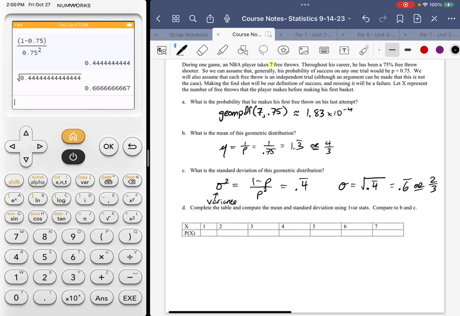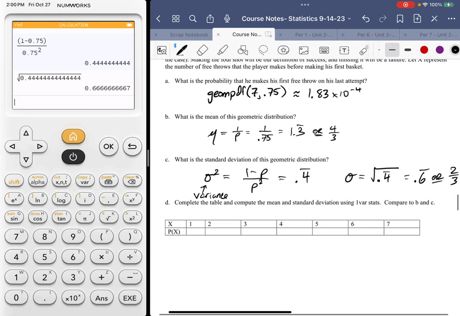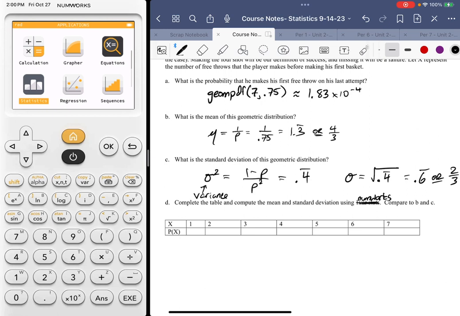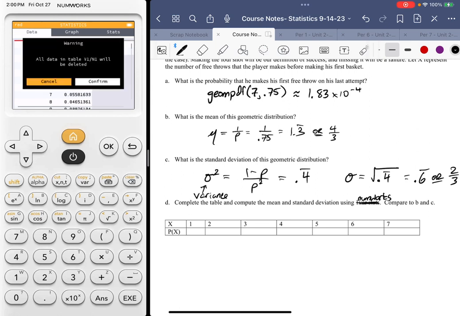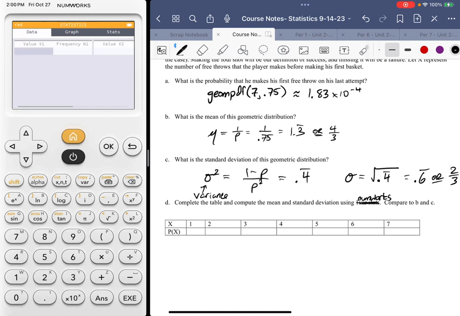And then complete the table. Now, we're not using one of our stats because we're using the NumWorks. But it's essentially what we just did. So you go into stats. We need 1 through 7. So I'm going to wipe out this column here. I'm going to type in, well, wipe out the whole thing. 1, 2, 3, 4, 5, 6, 7.